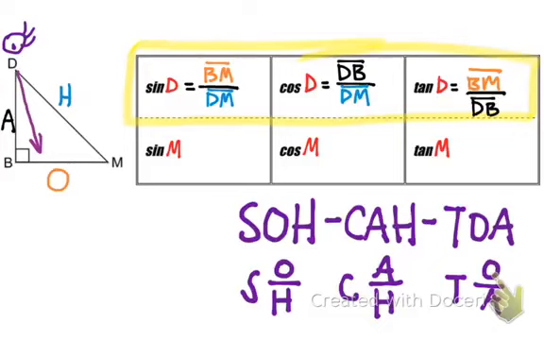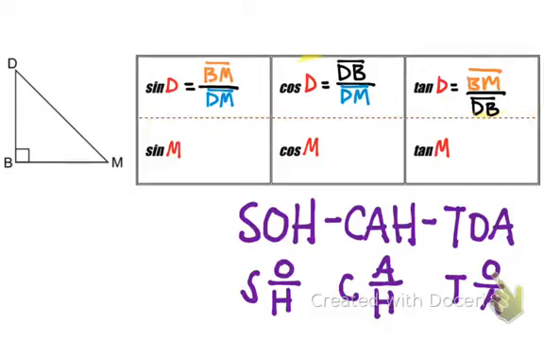Alright, now let's set up our ratios looking from angle M. So we're going to find sine of M, cosine of M, and tangent of M. Since we're trying to figure out the trig functions of this specific angle, we have to draw an eyeball at angle M. Now the eyeball is looking at the triangle, and to establish our sides, we always know that the hypotenuse is across from the right angle, so that will be DM.